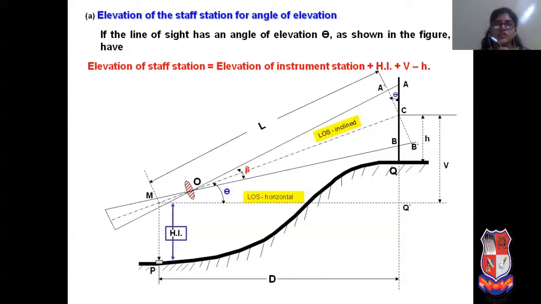Now the third equation that we need to derive is to find out the RL of Q. The reduced level of Q can be determined by reduced level of point P plus HI plus vertical distance V minus small h, where small h is the reading of central hair.